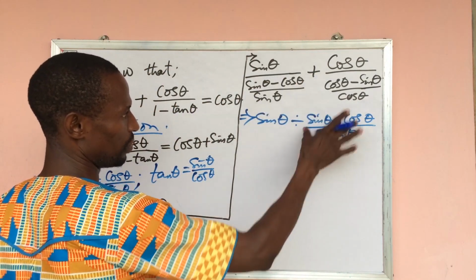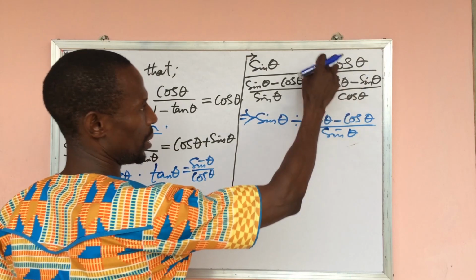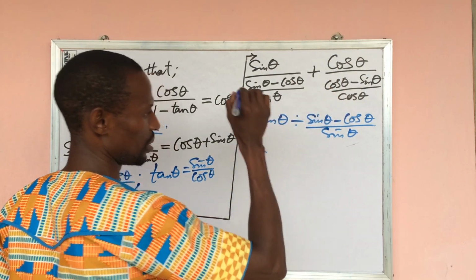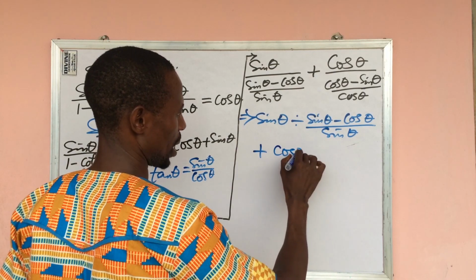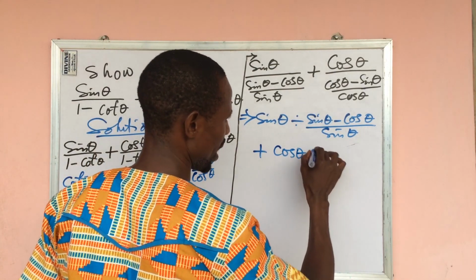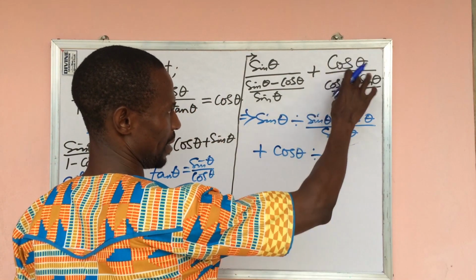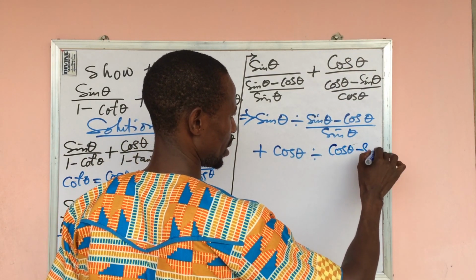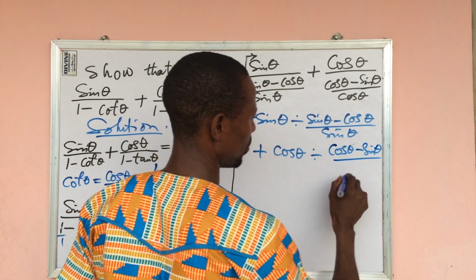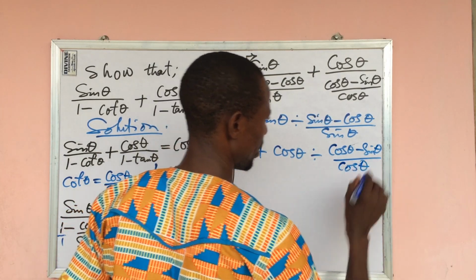The whole of this is for this. Plus, let's bring our major plus sign here, which is this cos theta, divided by everything in here, which is cos theta minus sin theta all over cos theta.